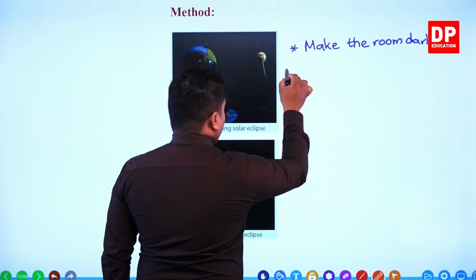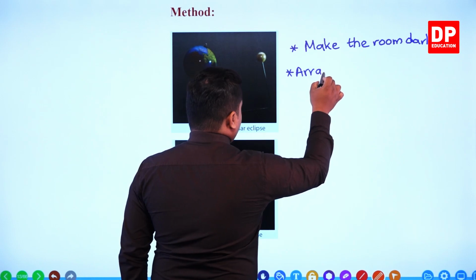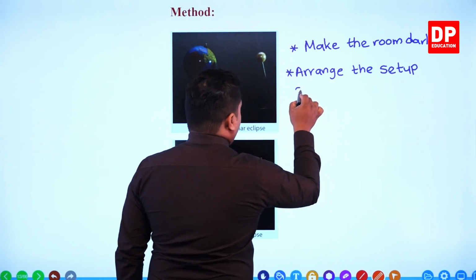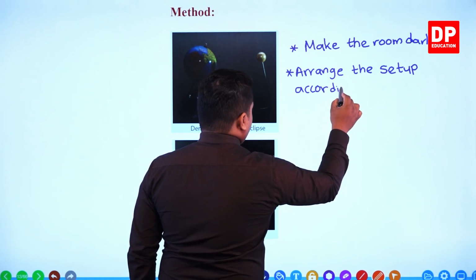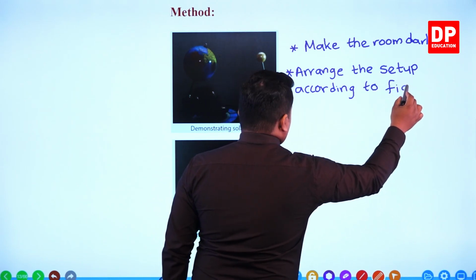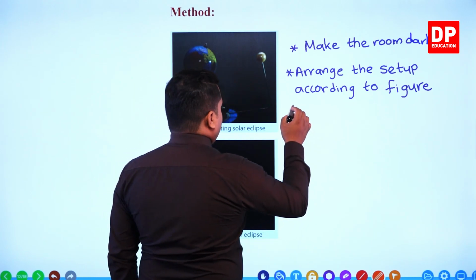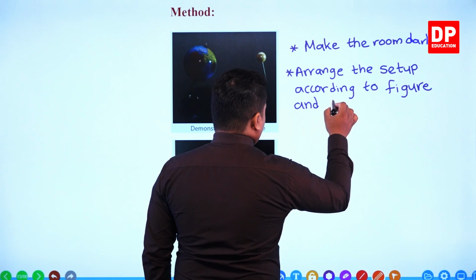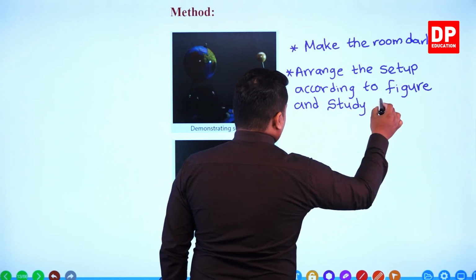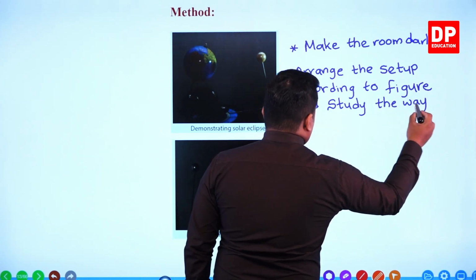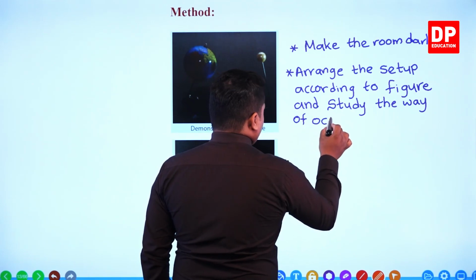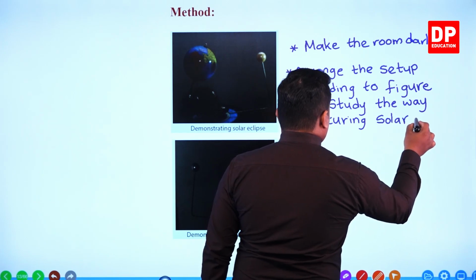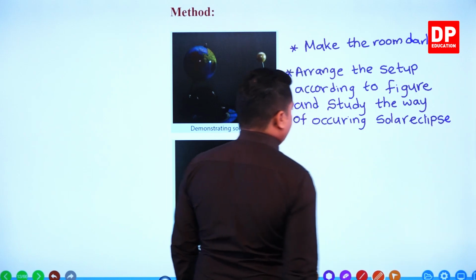Then arrange the setup according to the figure and study the way of occurring solar eclipse. Right?